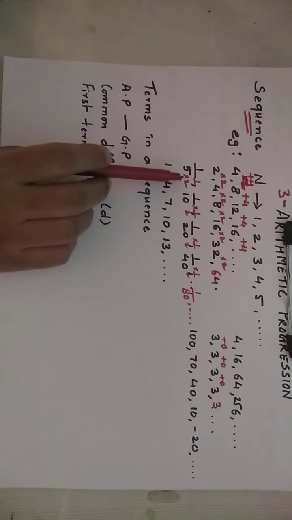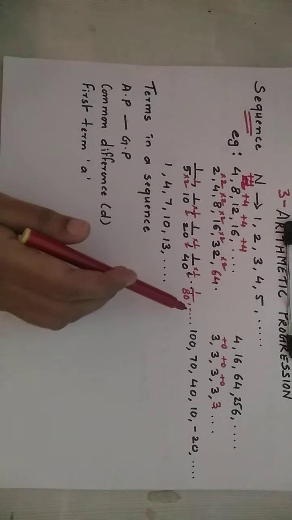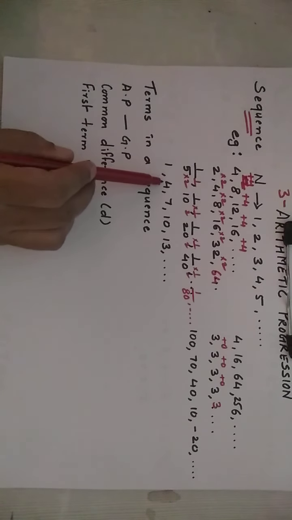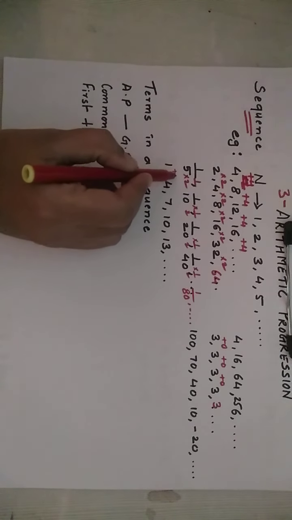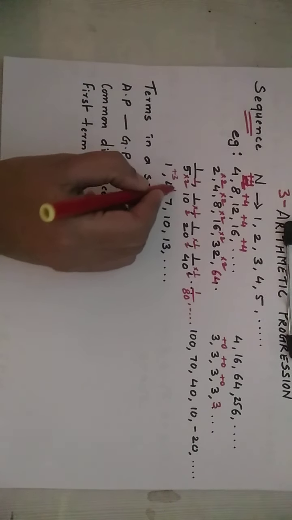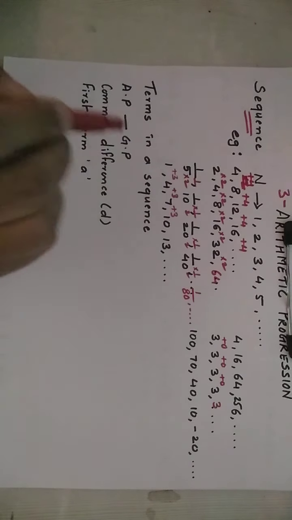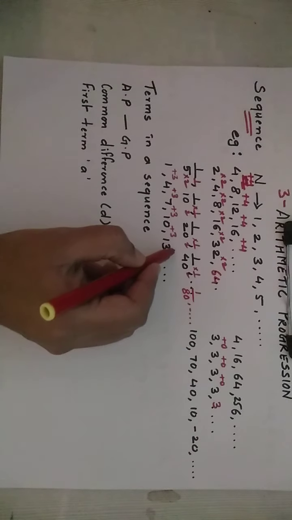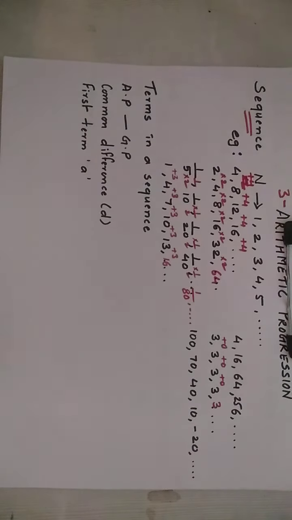If you observe the third sequence, every time you multiply by half, you get the next number. If you observe the fourth sequence, 1, 4, 7, 10, 13, here you are adding 3. 1 plus 3, 4, 4 plus 3, 7, 7 plus 3, 10, 10 plus 3, 13, 13 plus 3, the next number will be 16.